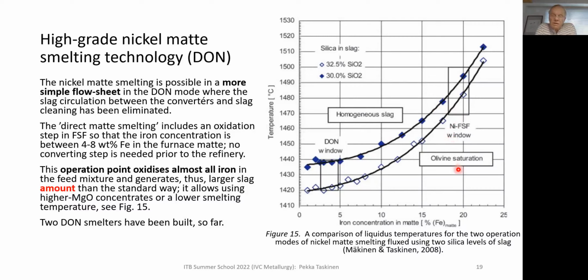So this means that because of the increased slag volume, our MgO concentrations in the slag are lower, and thus we can take higher MgO concentrates in our smelting system without jeopardizing this slag fluidity.